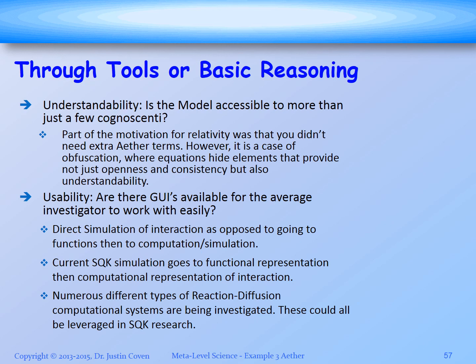Other examples: the current subquantum kinetics simulation goes to a functional representation, then to a computational representation of interaction. Is that more usable than, let's say, a cellular automaton representation, which would be a direct simulation?